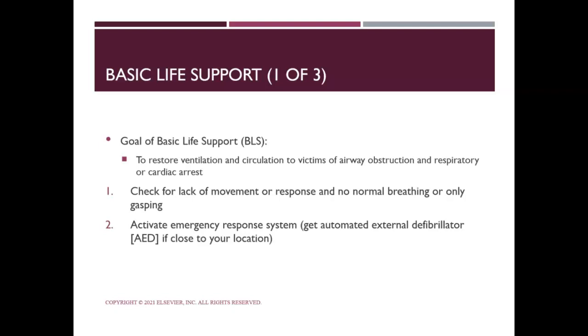If there's no response, you can check very quickly for breathing. If you don't identify breathing within 10 seconds, the next step, which is very important, is to activate the emergency response system. If it's in the hospital, you're going to be pushing the code button and getting additional team members there to help fill in the roles and make sure that there's enough people there to manage the situation.